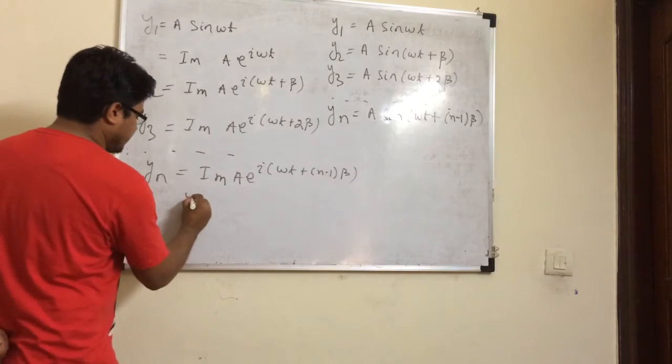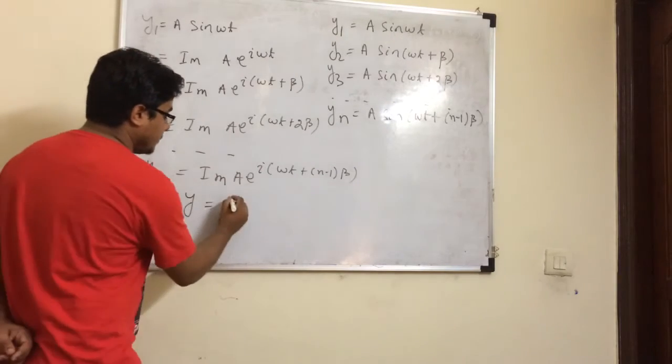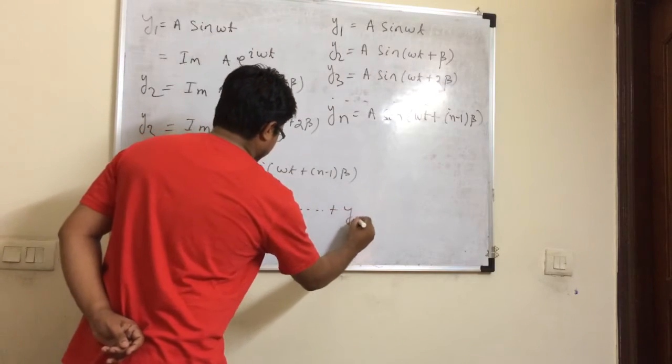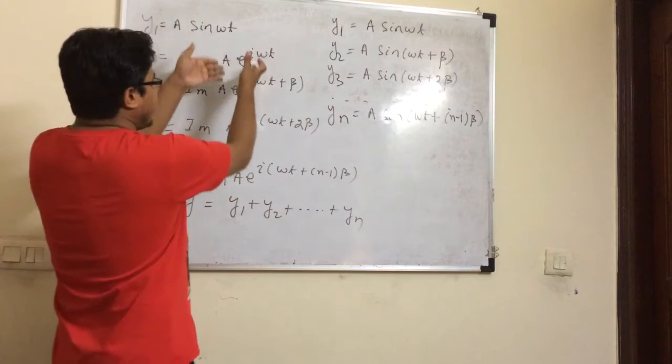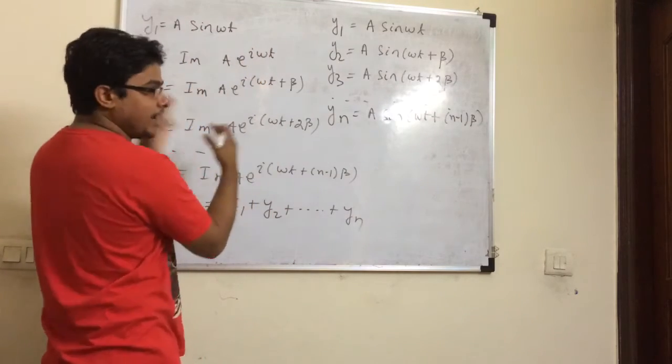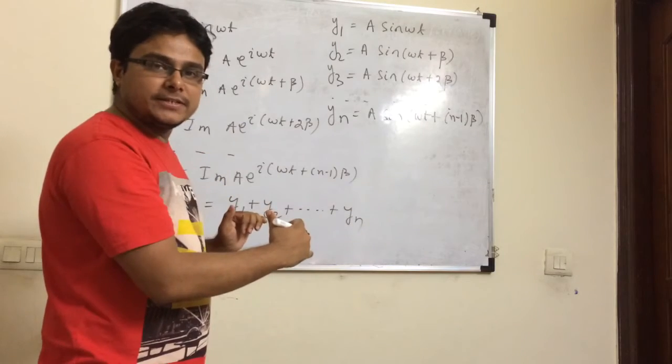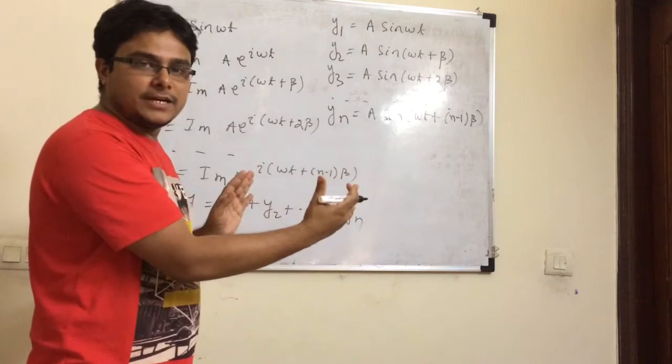So to find the resultant displacement y, we can take the linear combination of all these y1, y2 up to yn. I will combine these terms and finally write the resultant term, and we'll take the imaginary part of that final term.